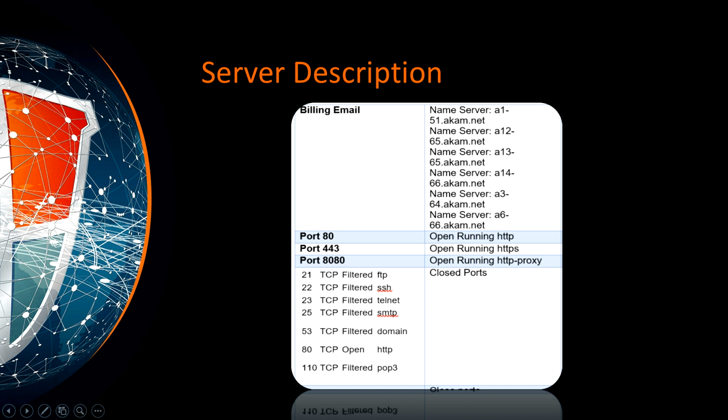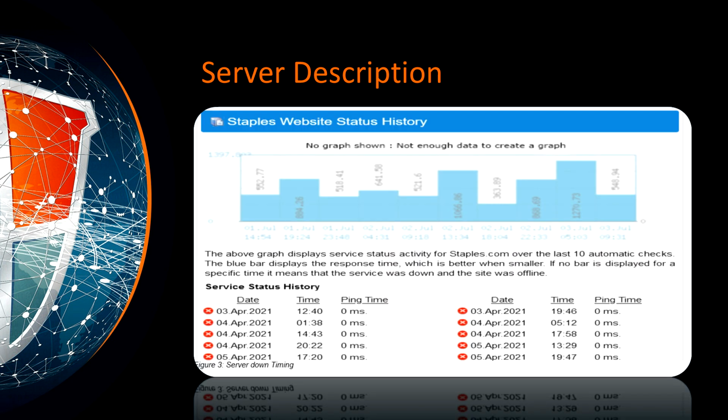But you can say that port 80 is open and running, and without port 80, I don't think anybody can host a website. But it depends, some tools can scan internally, some cannot.